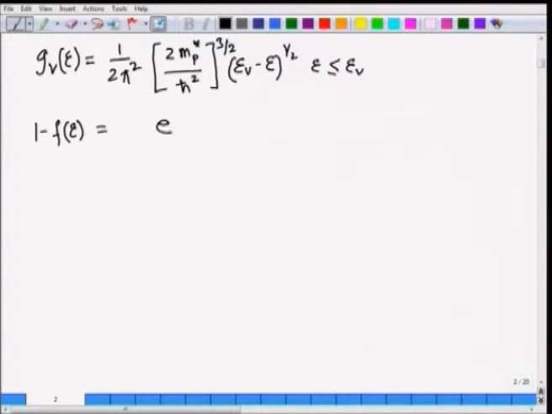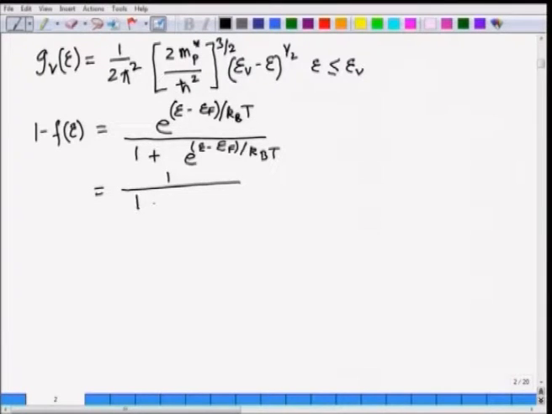That was e to the power (E minus EF) divided by kBT, divided by 1 plus e to the power (E minus EF) by kBT, which we can also write by dividing numerator and denominator by this quantity, as 1 plus e to the power minus (E minus EF) by kBT.